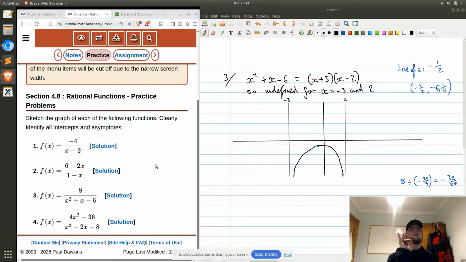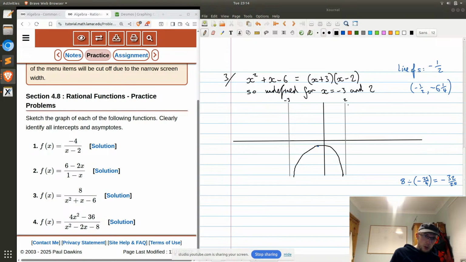Look, can you divide 8 by anything and get 0? Yes or no? Well, no, of course you can't. So that means that it will never give you 0, right?